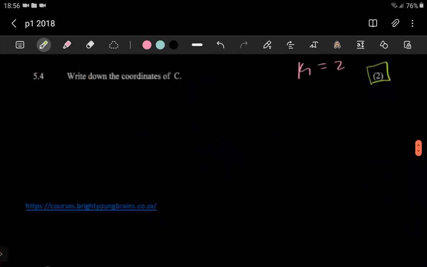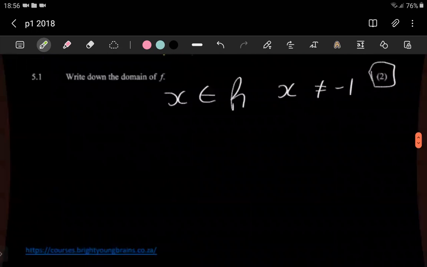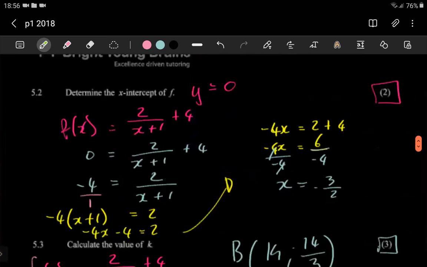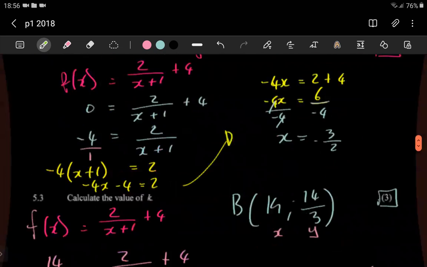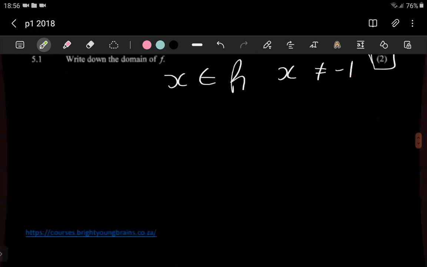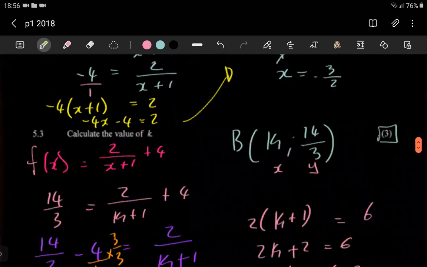So it's going to be a bit awkward for 2 marks to just put the coordinate here, but that's literally what they will give you 2 marks for, just writing it out, because working it out is purely by observation based on what you worked out. What you know is that B and C have the same x value, so you put an x value of 2 there. What you also know is that the y value of the turning point is on the asymptote. So you can just put a 4 there, because the asymptote is cutting your y-axis at 4.